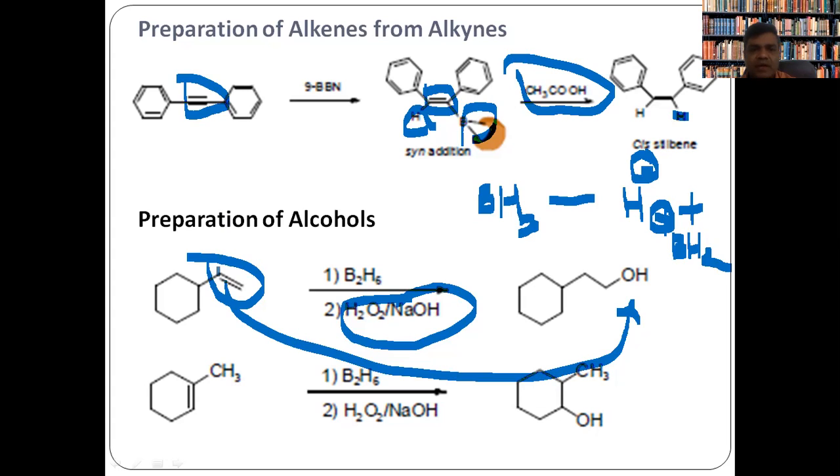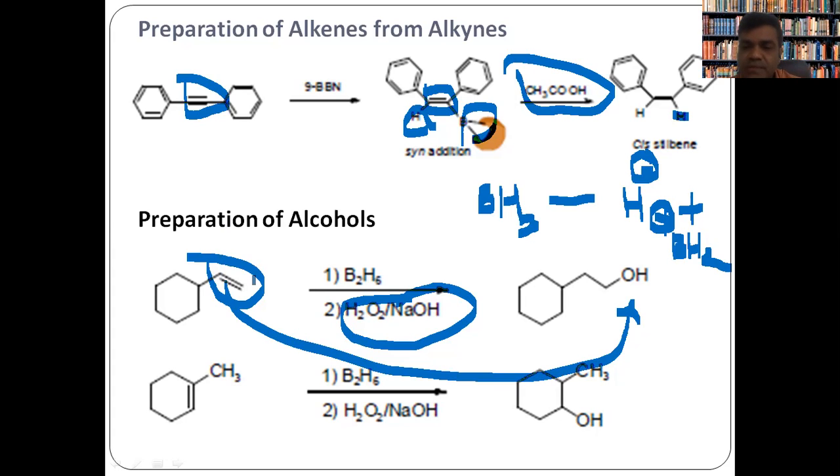H goes to the carbon which possesses fewer hydrogens, and OH goes to the carbon which possesses more hydrogens. In this way, we get the primary alcohol. It looks as if water had been added to the carbon-carbon double bond. Water means HOH, H positive and OH negative, added across the carbon-carbon double bond according to the anti-Markovnikov rule.